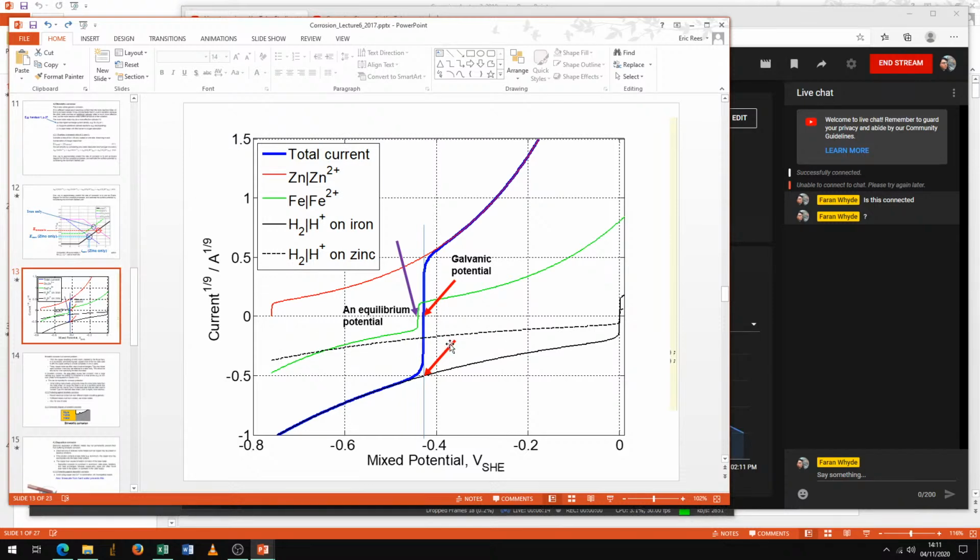And all you do is a brute force nonlinear solve for the surface potential at which the net surface current density is 0, adding up all 4 processes. That gives you a stable surface equilibrium. If the surface is not at that galvanic electrical potential, then there's a net charge imbalance, a net current imbalance, which will tend to either add or subtract charge to the surface until the currents are in balance and there's 0 net current.